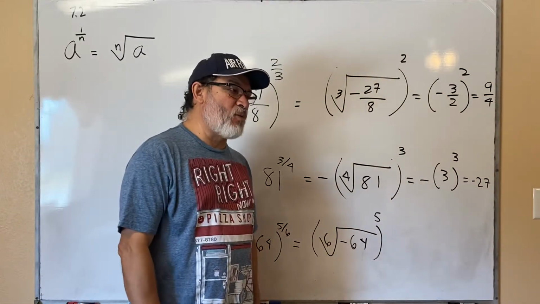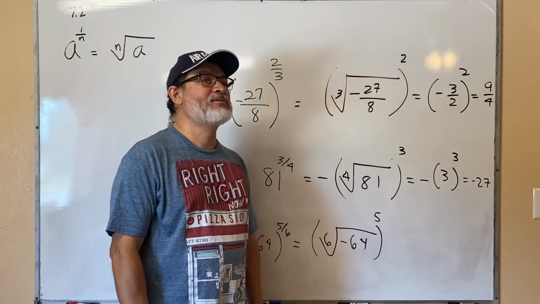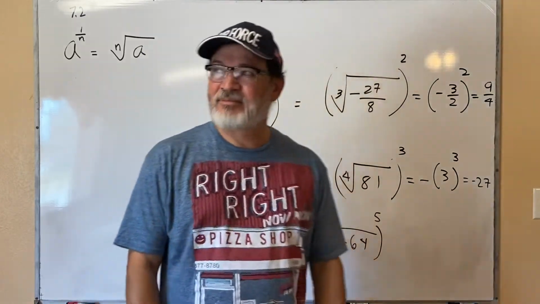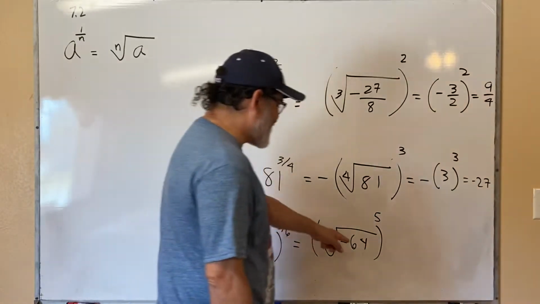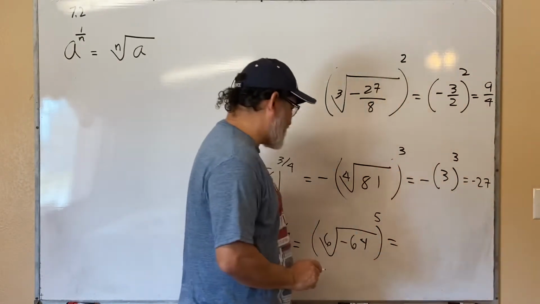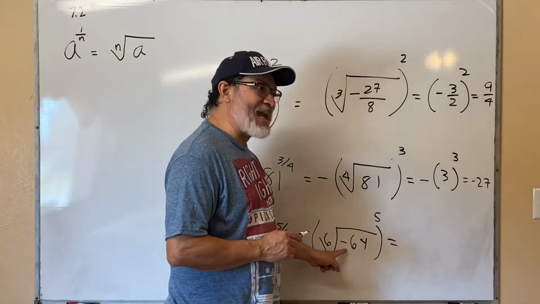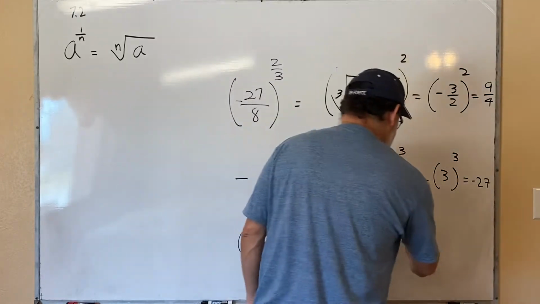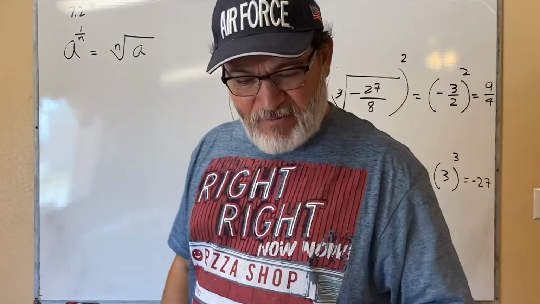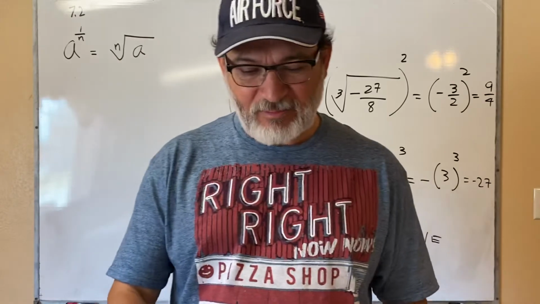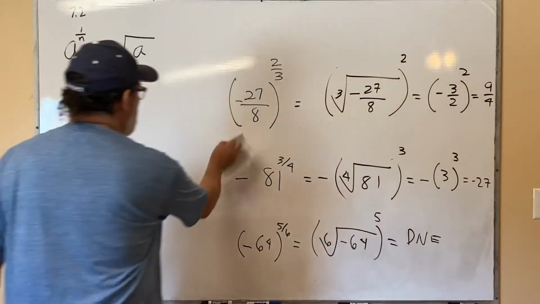Does anybody know what the 6th root of negative 64 is? It does not exist, guys, because you cannot take the sixth root of a negative. Whenever the index is even, the radicand cannot be negative, so this does not exist. Okay, here is more.